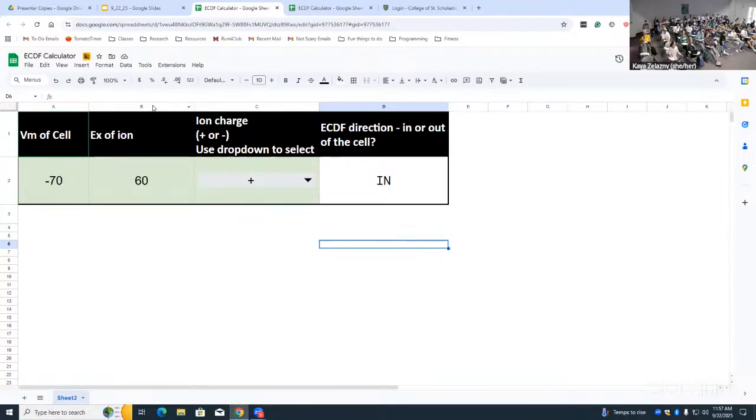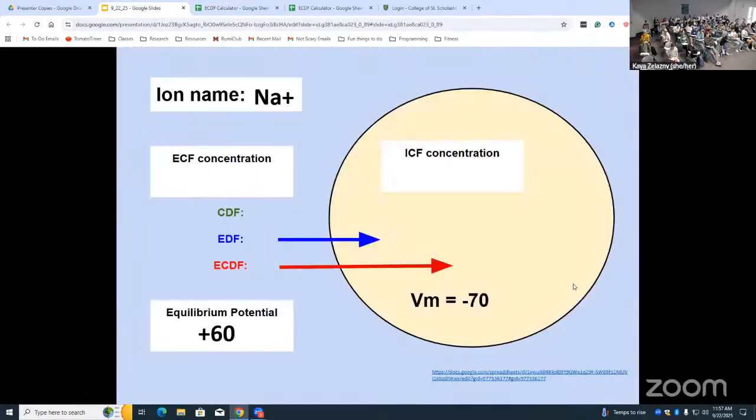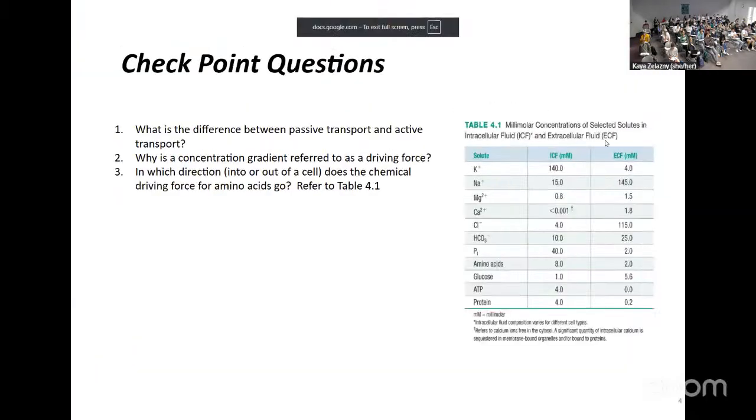So you can use this to practice, make up any numbers that you want, should get you the correct electrochemical driving force for that membrane potential, equilibrium potential, and charge on the ion, whether it's a cation or an anion. And I recommend just doing it until you are consistently predicting the correct direction for the electrochemical driving force. I'll give you guys a copy. Okay. So we can set up lots of questions with that.